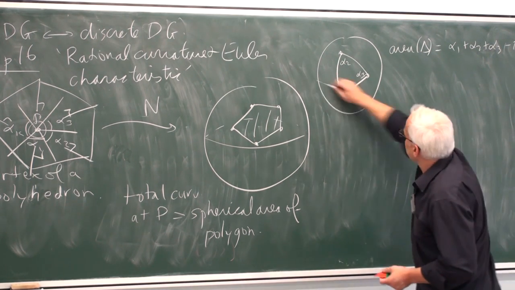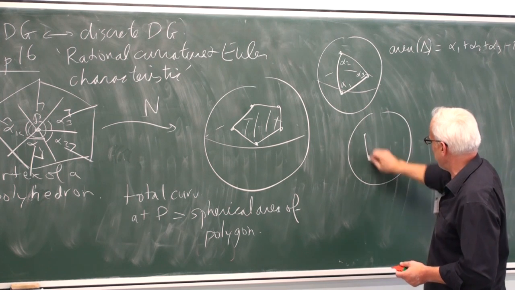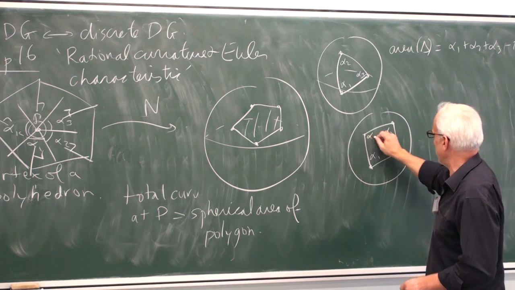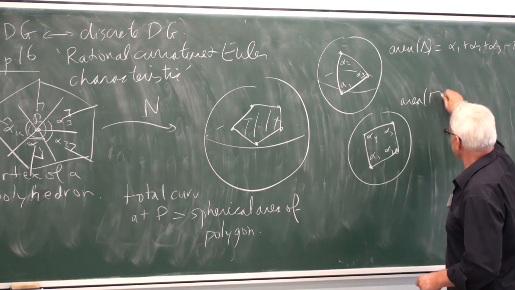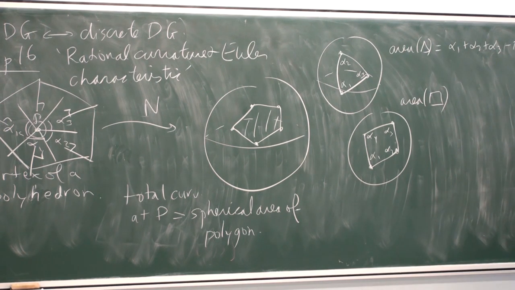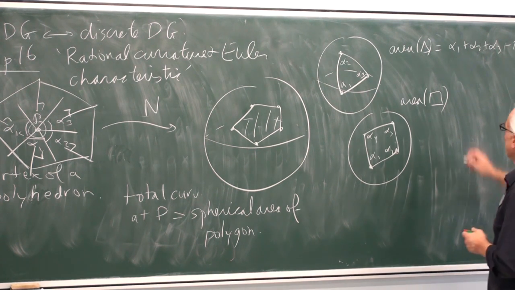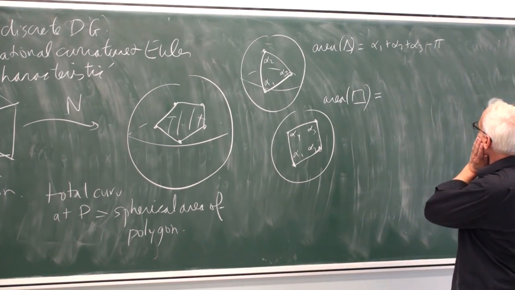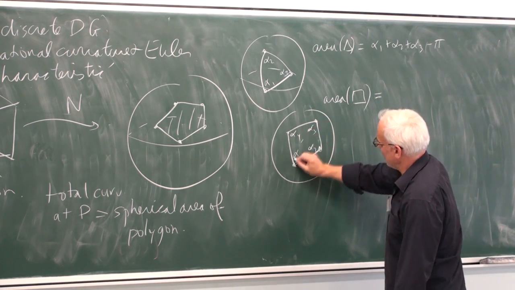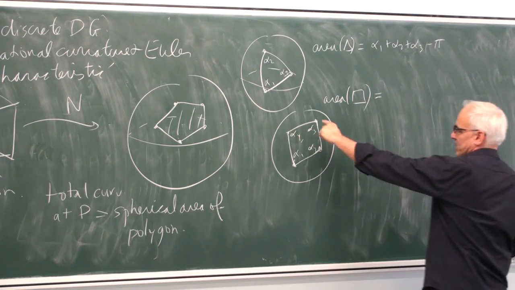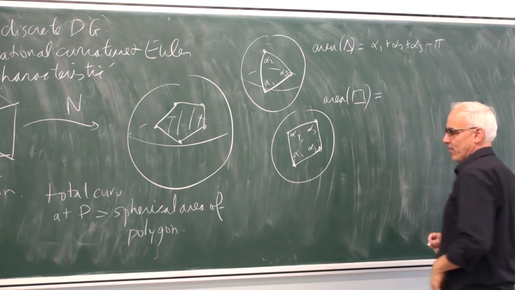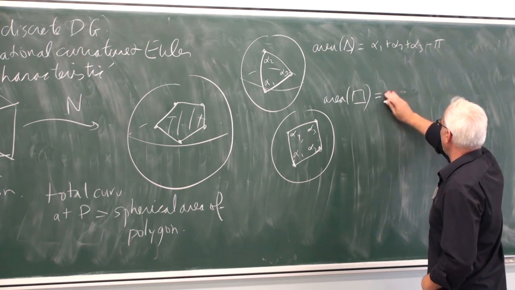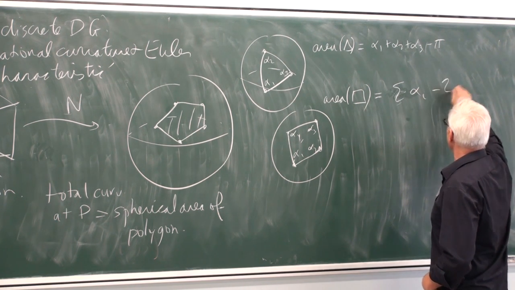And if you had a slightly more complicated thing, if you had, say, 4 points with angles alpha 1, alpha 2, alpha 3, alpha 4, in that case the area of this sort of rectangle, if you think of dividing it up into 2 triangles like this, there'll be a sum of angles minus pi and another sum of angles minus pi. So it'll be the sum of all the alpha i's minus 2 pi.